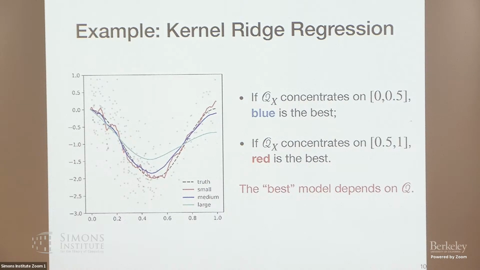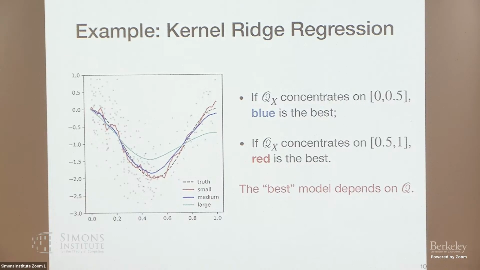You can calculate this L2 loss. But if your performance metric is associated to the right half of the interval, so you care about the right, where you only have scarce data, then actually the red one is the best instead of the blue one. The red one is under-smoothed and is too wiggly for the left, but it's just okay for the right.